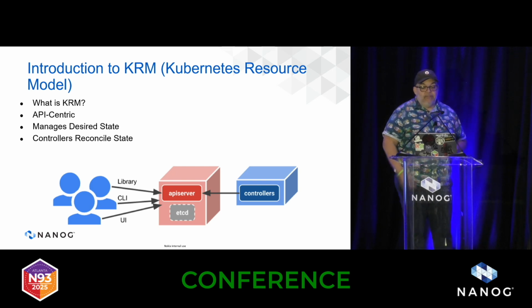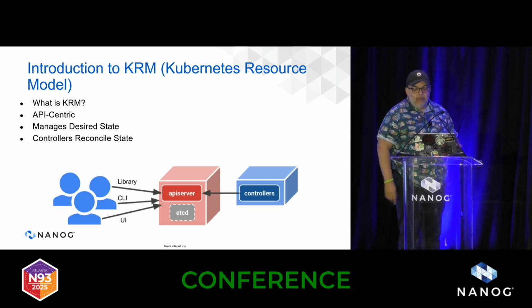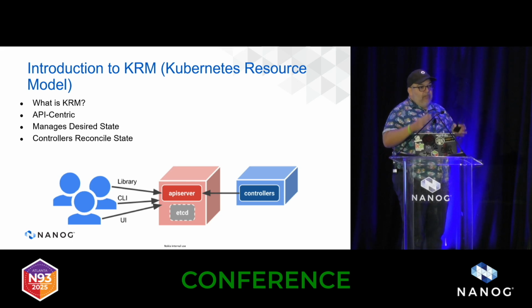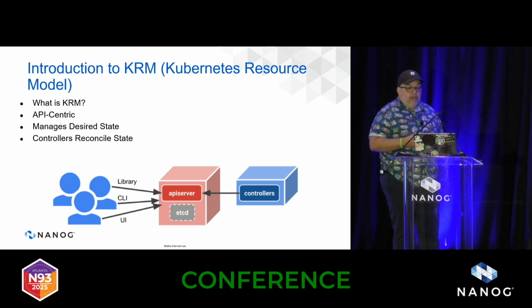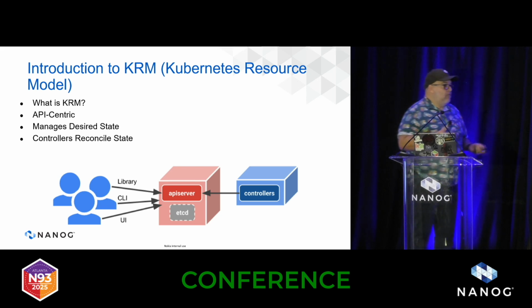So in summary, the Kubernetes Resource Model enables you to manage your application infrastructure in a declarative, consistent, and scalable way. It abstracts a lot of complex underlying infrastructure management, allowing developers to focus on defining what they need rather than how it's implemented.